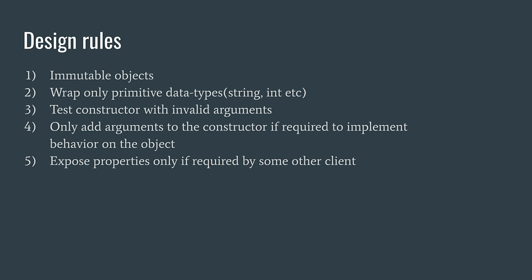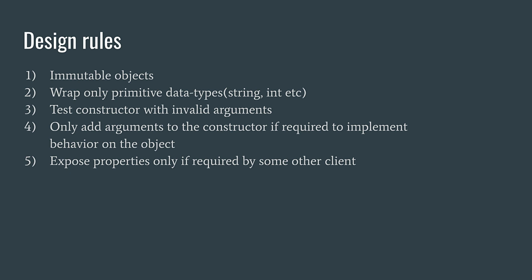Then coming to the fifth point, expose properties only if required by other clients. So basically, as we started with hiding the properties, the name and the mobile number were hidden within the class since I was not using them at that very moment.